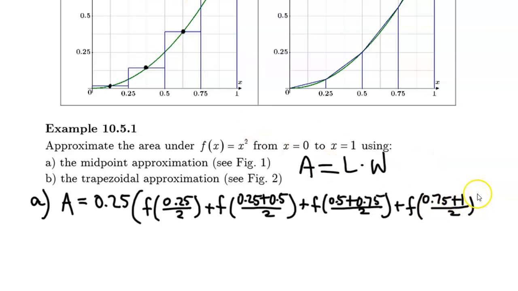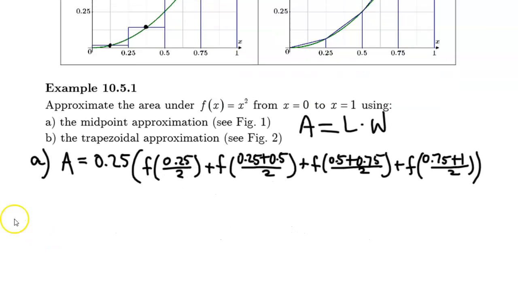All right, so that's all we have to figure out. Now it's just a bit of number crunching. Okay, so I'm going to simplify here a little bit. In retrospect, I think I might actually go with fractions here, although you could stick with decimals. You'll have to have your calculator handy. So there's a quarter, and 0.25, which is a quarter, divided by 2 would be an eighth.